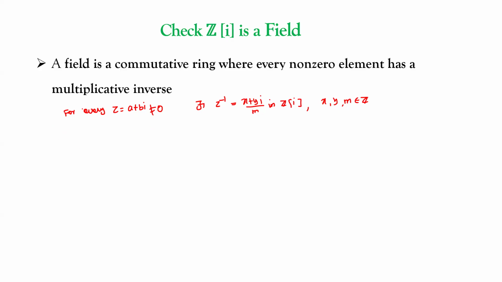This is what we need to prove to check Z of I is a field.